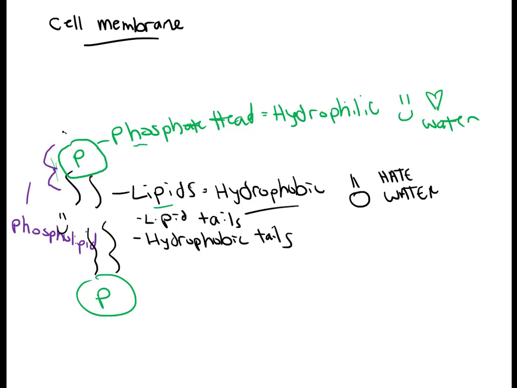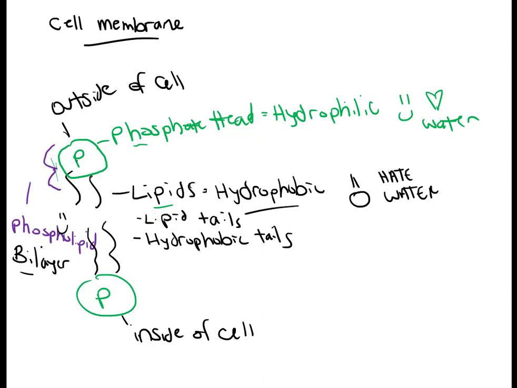So one of the phosphate heads is going to face the outside of the cell, and the other phosphate head is going to face the inside of the cell. So when you have 2 phospholipids together, we call this a phospholipid bilayer. So a phospholipid bilayer is 2 phospholipids that are hanging out together.